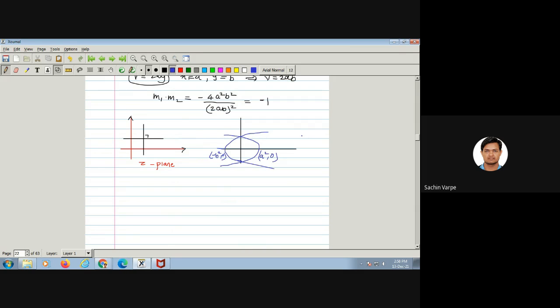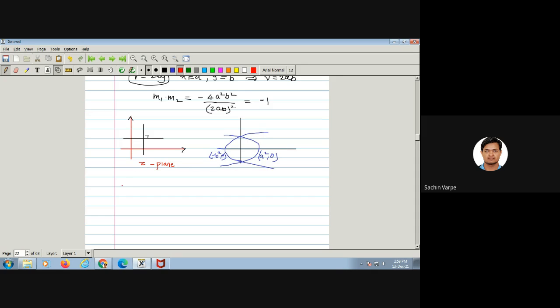So this is the mapping, or this is the transformation under the function w equal to z square. So here we can write the conclusion that the two straight lines at right angle in the xy plane are mapped onto two orthogonal parabolas meeting at the point.